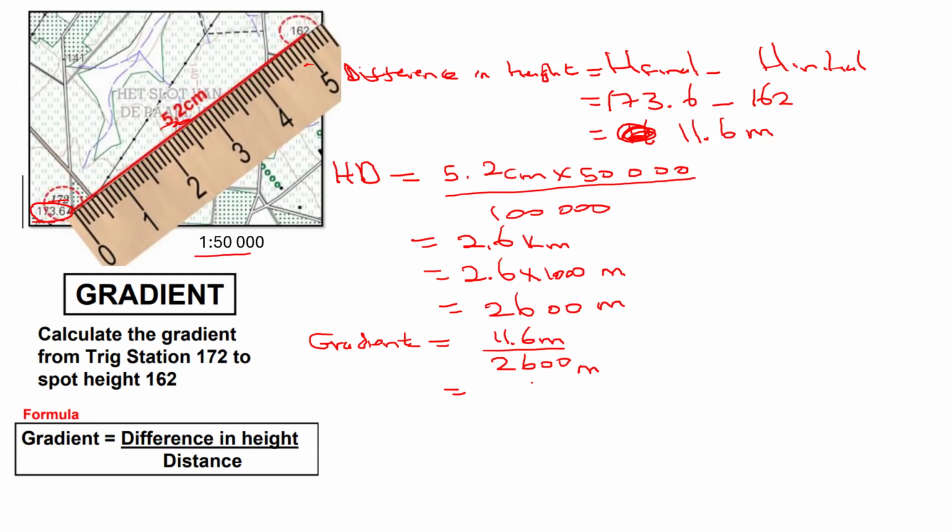Okay, now I will get 1 is to 224.13. That's what I'll get. So please confirm with me: 11.6 divided by 2,600. Okay, so I hope it makes sense.